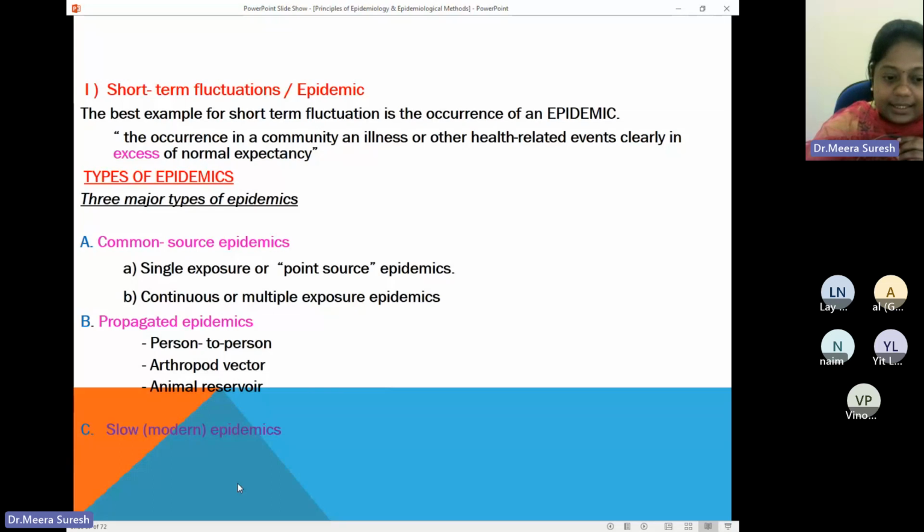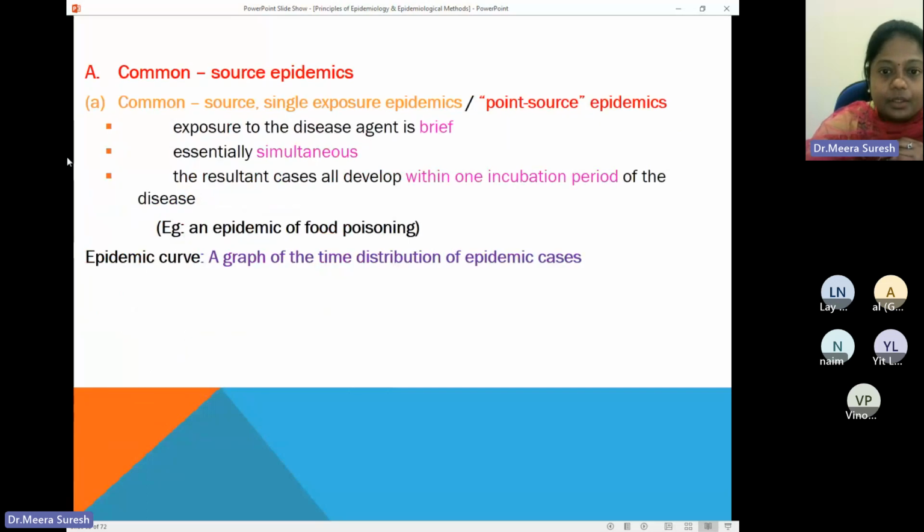So that is also considered as an epidemic, a slow epidemic. So we start with the common source epidemic. Common source epidemic means it can be a single exposure, just once the exposure had happened, or it can be multiple or continuous exposure. Those are the 2 classifications.